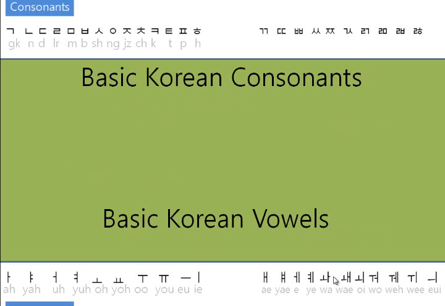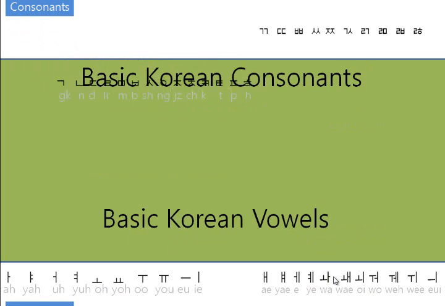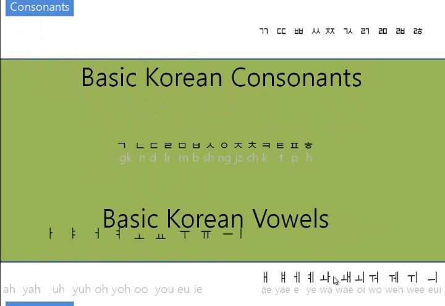So the basic Korean consonants you see on the upper left-hand side look like that, and then the basic vowels go like that.